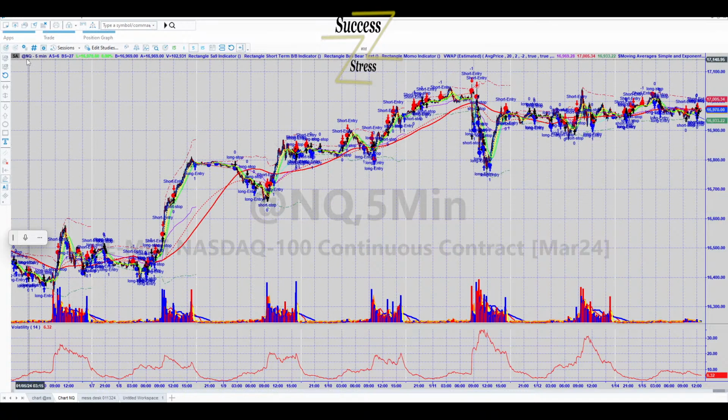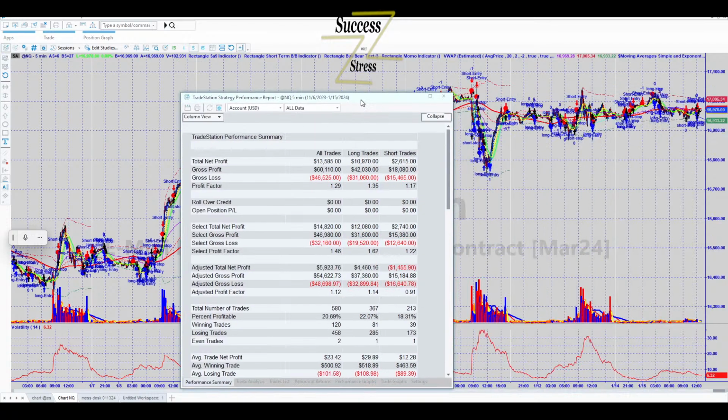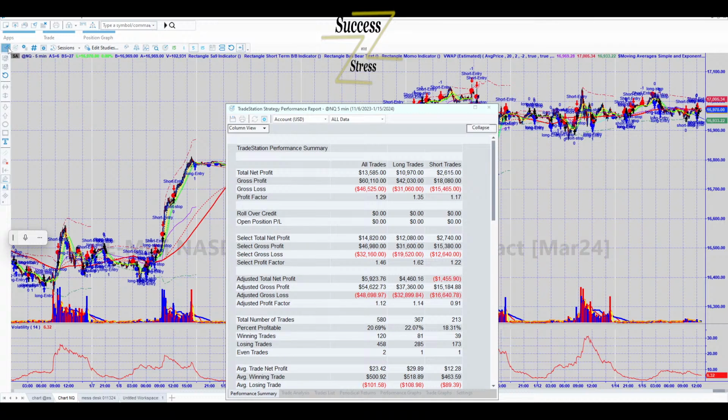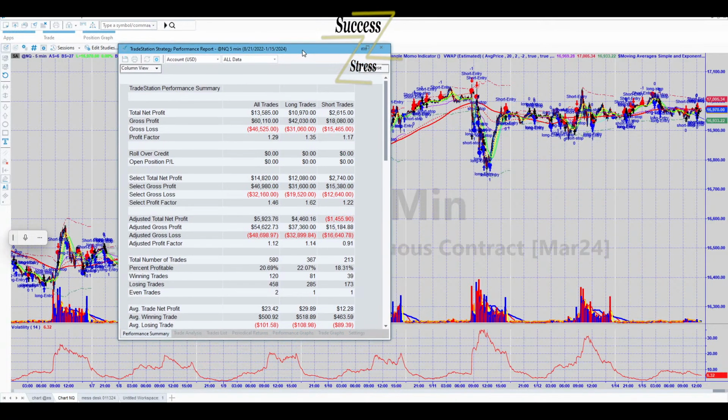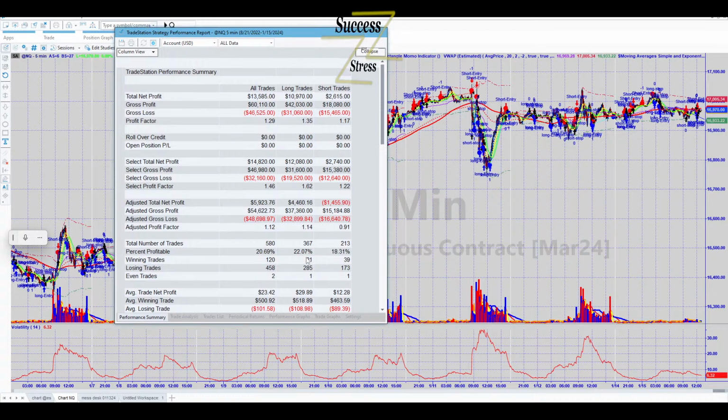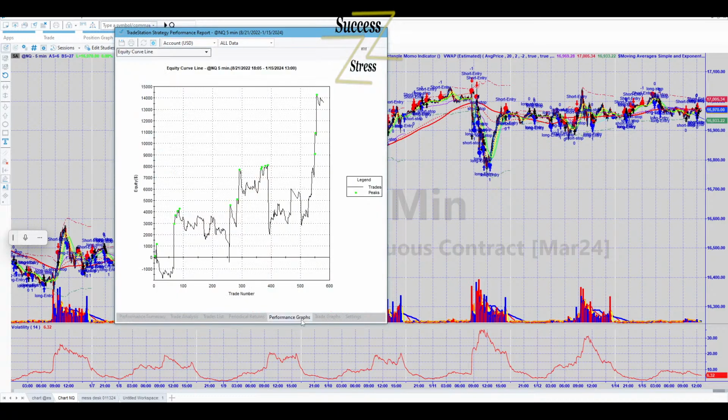But over the past year, it's gotta give us something different. Interestingly enough, it made the same amount of money over the last year as it would have just the last week and a half. So the last year would have put you flat, right?